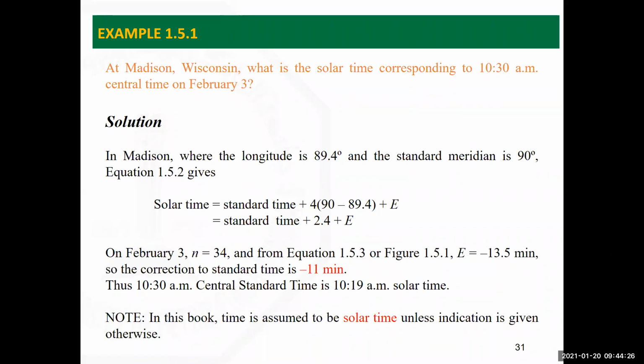But I'm glad you raised this question, that when I say 8:30 in the morning, I'm talking about a local time. So the first thing that you have to do is calculate the solar time at 8:30. And when I say 10 o'clock in the morning, again, I'm talking about a local time.